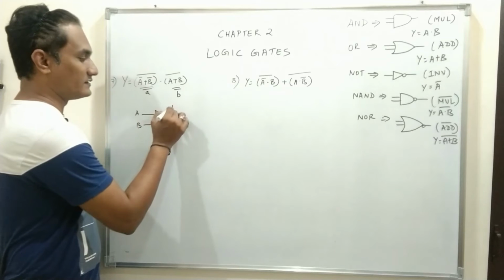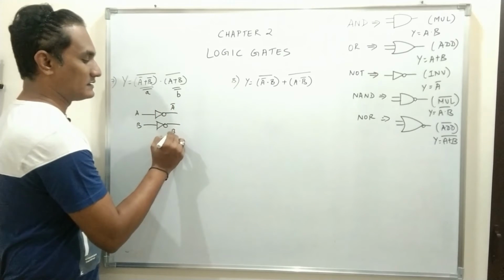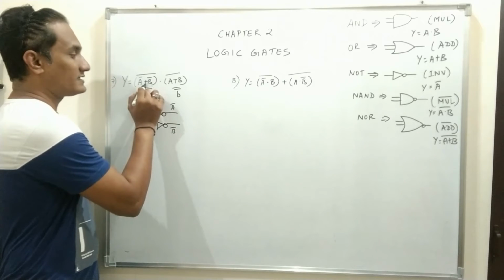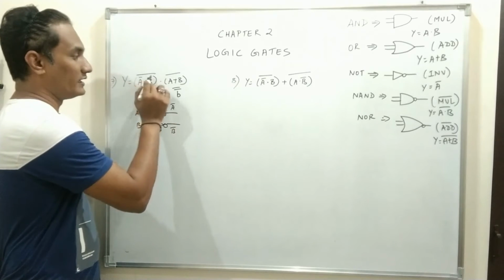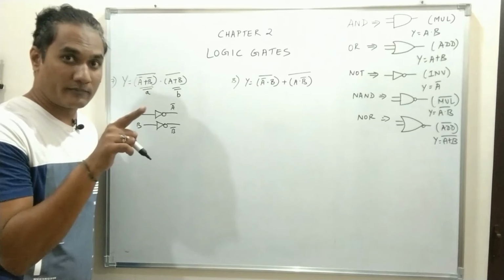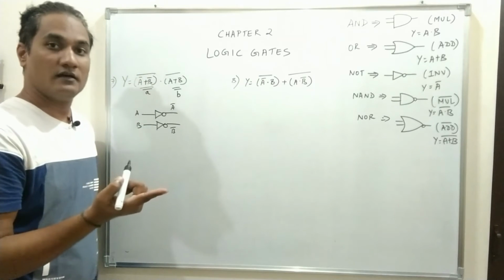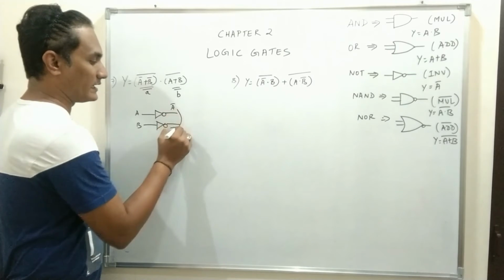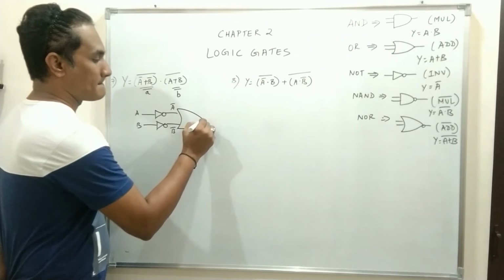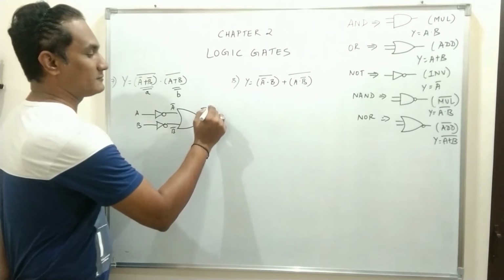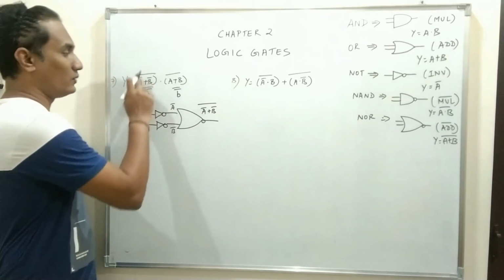So this is a bar, this is b bar, and these two are connected by a plus sign and a whole complement over it. Plus sign indicates OR operation, and the whole complement of OR operation is NOR operation. So it will be connected by a NOR gate. So this will be (a bar plus b bar) whole bar. So you got one expression.